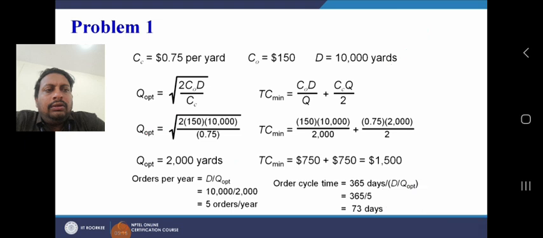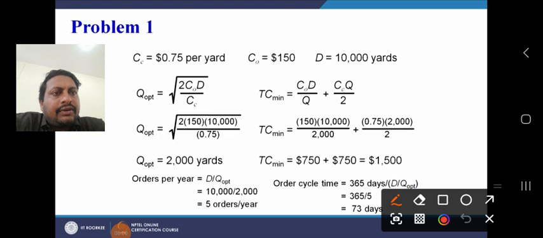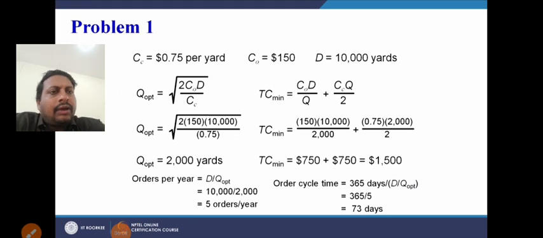Now we'll solve the total inventory minimum cost. The formula is ordering cost times annual demand divided by quantity, plus carrying cost times the average of the order quantity. We substitute the values: the ordering cost is 150, the annual demand is 10,000, Q is the economic order quantity we just calculated, 2,000, and the carrying cost is 0.75, taking the average of the economic order quantity.